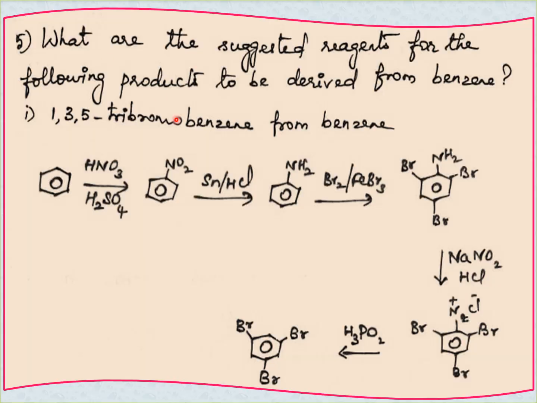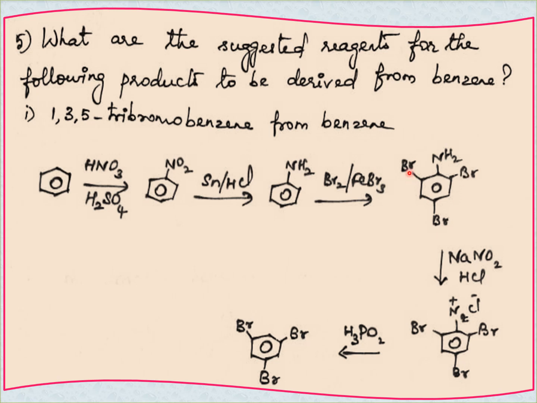And here we are going to synthesize 1,3,5-tribromobenzene from benzene. First we have to nitrate it by using nitric acid and sulfuric acid. Nitrobenzene is obtained, followed by tin HCl reduction. It gives a primary amine, aniline, followed by bromination. It gives tribromoaniline.